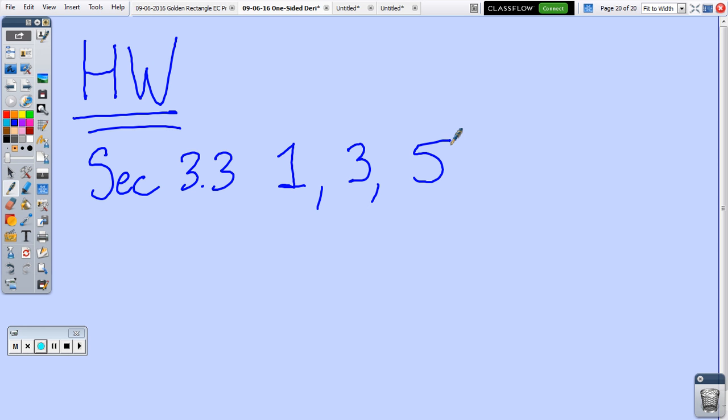Sine goes to 0. This is a cosine, we need a negative, and then this is a sine.